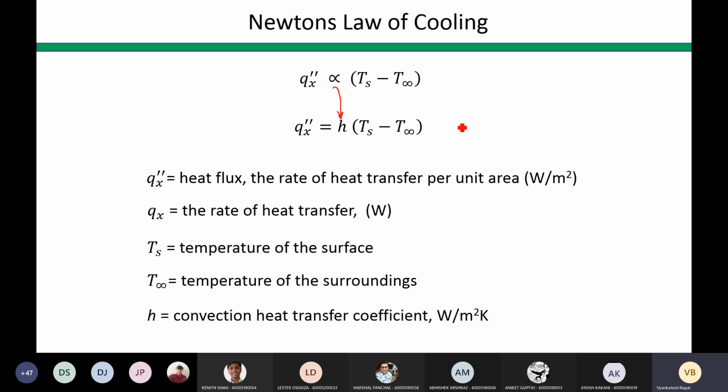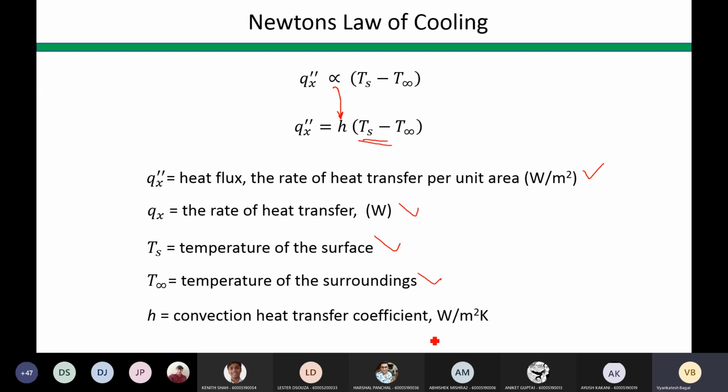So note down all these notations. Qx double dash is the heat flux, the rate of heat transfer per unit area, heat flux by convection. Unit is watt per meter square, as in the previous discussion. Qx is the rate of heat transfer, which is again given in watt. Ts is the surface temperature. You can take it in degrees C or Kelvin. It doesn't make a difference because we are talking about temperature difference.